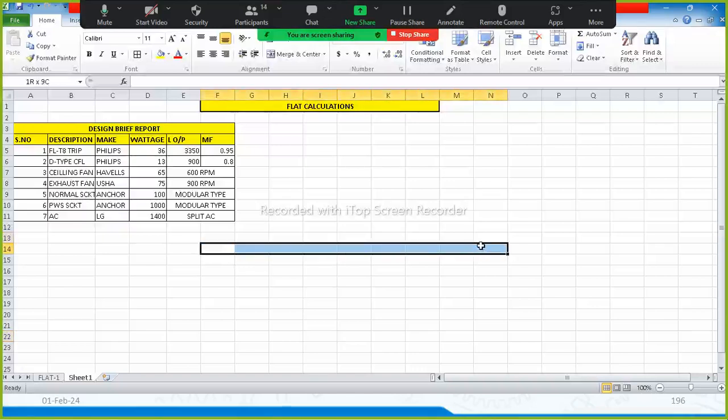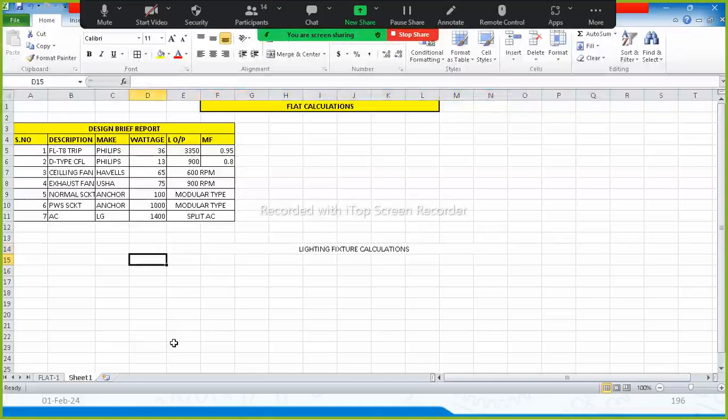Now the next topic is lighting fixture calculations. What are the things we require for lighting fixture calculation? According to the formula, you just put your columns. Serial number first, then location.